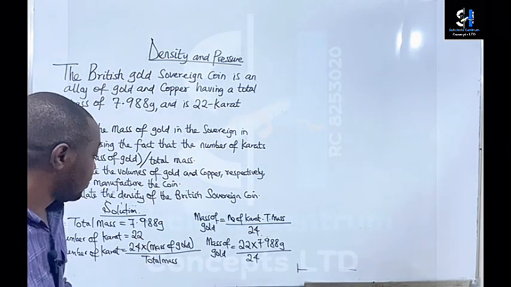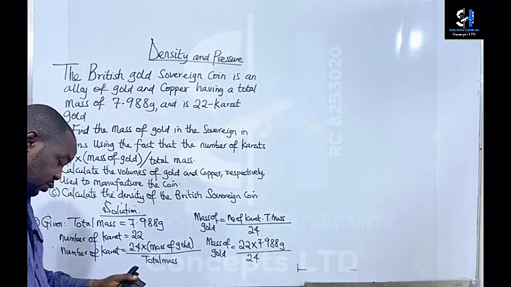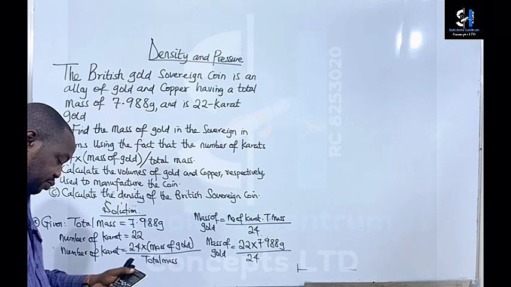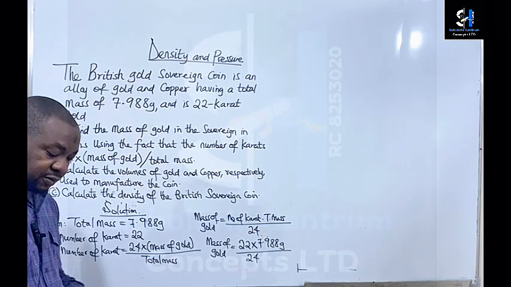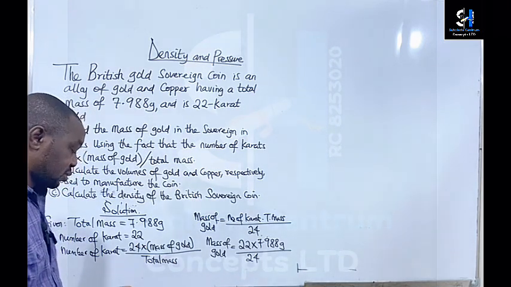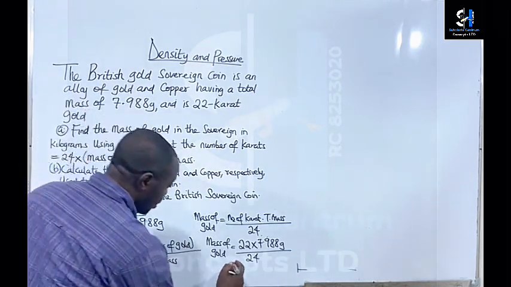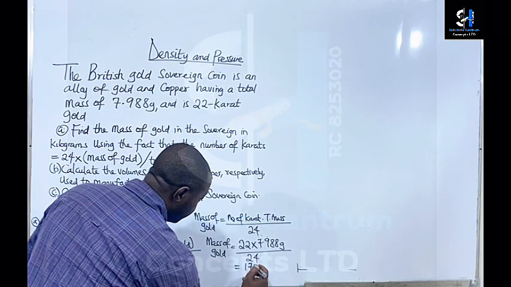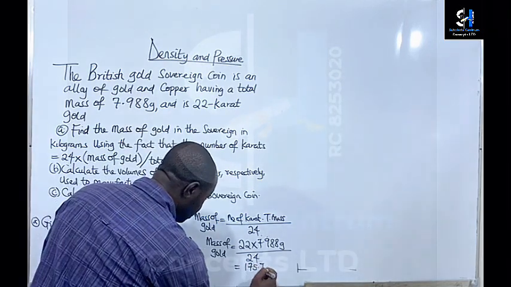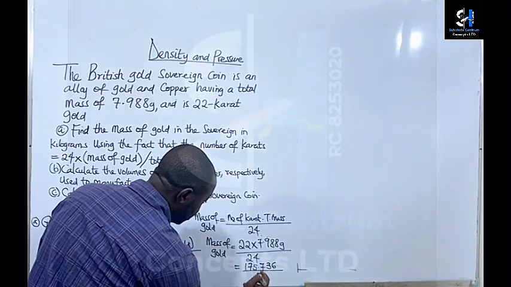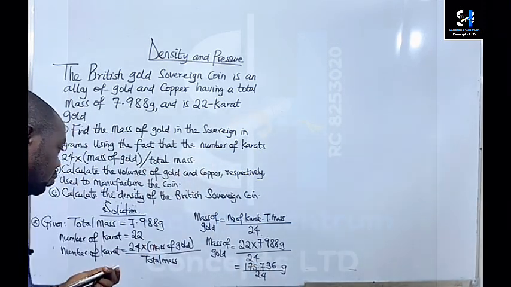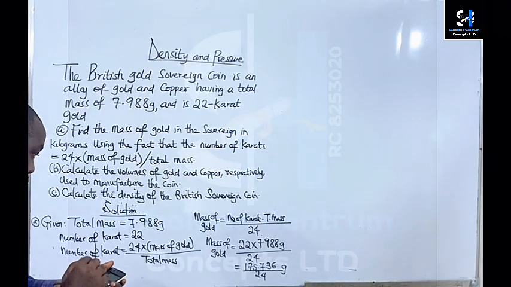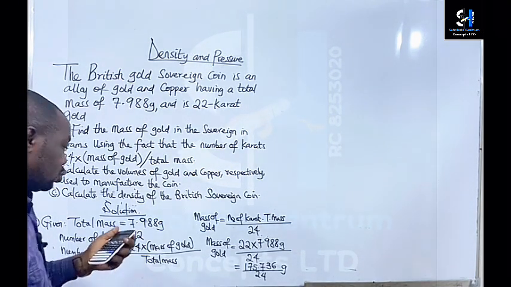Let's get a value. 22 multiplied by 7.988 is 175.736, divided by 24. This will be in grams. That will be 7.322.